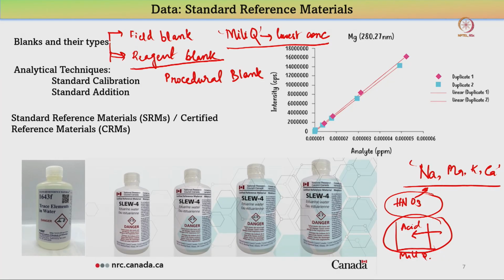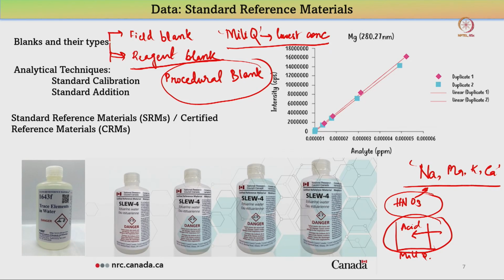So, during the entire process, certain contamination can come. It can be through air, through your handling, through the vials and beakers that you are using, or from the reagents that you are using. You have to take account of everything.